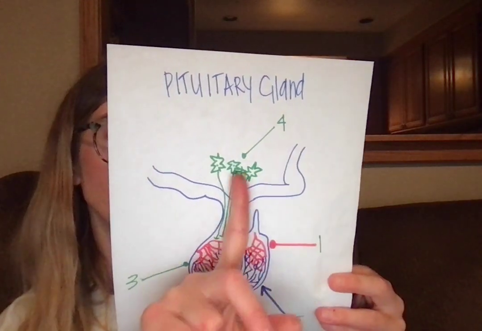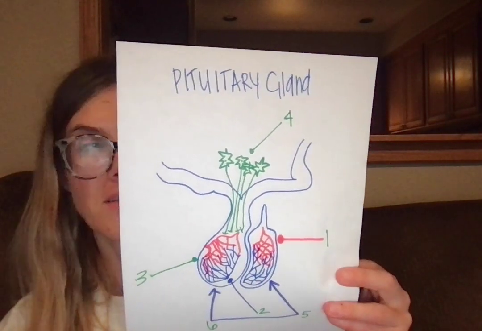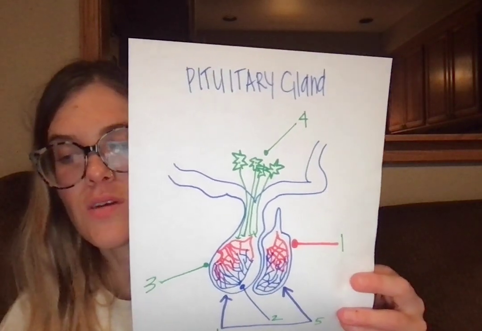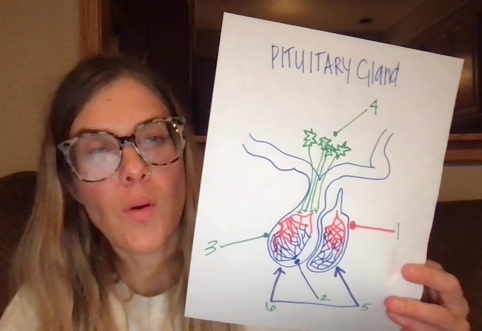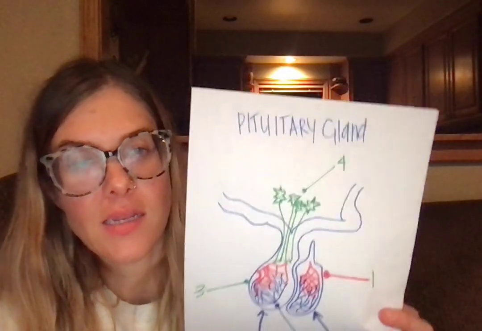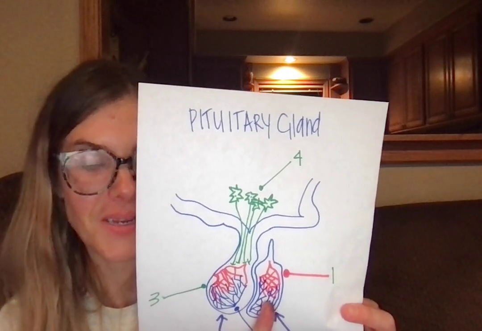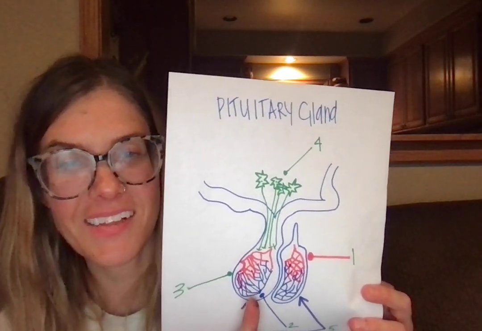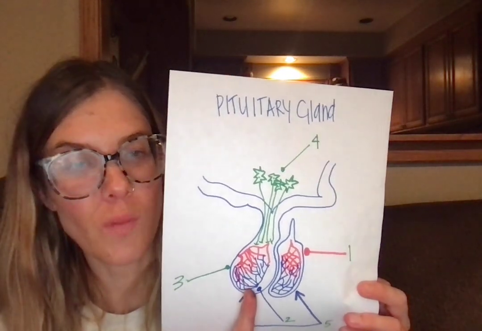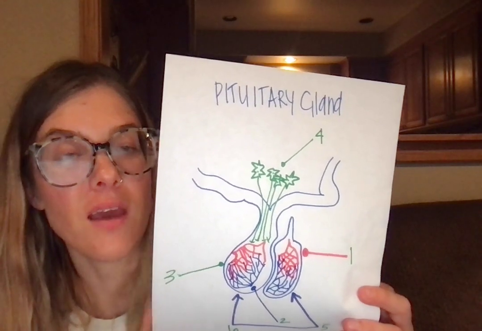And then number 4 here, you'll see the fun little exploding flowers. That's what they look like: the neurosecretory cells. And so the anterior pituitary gland secretes the majority of the hormones, which are under the regulation of the hypothalamus.